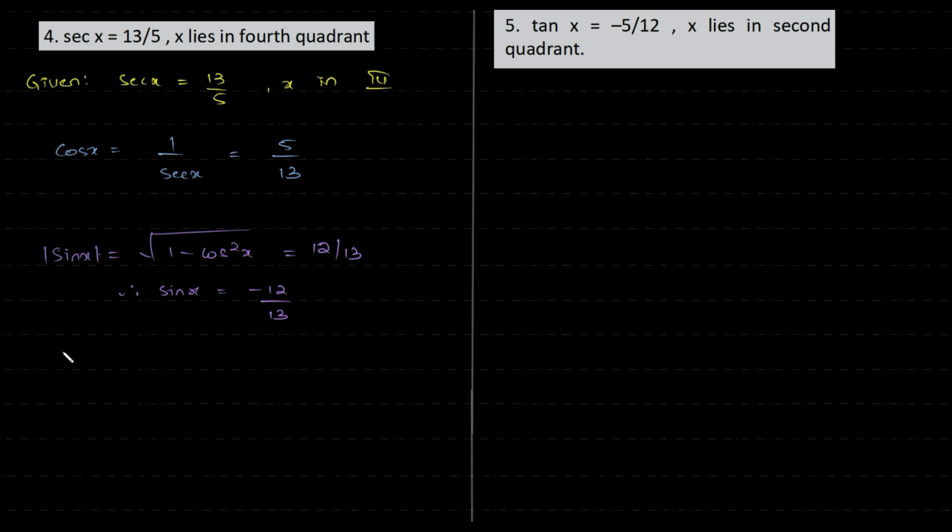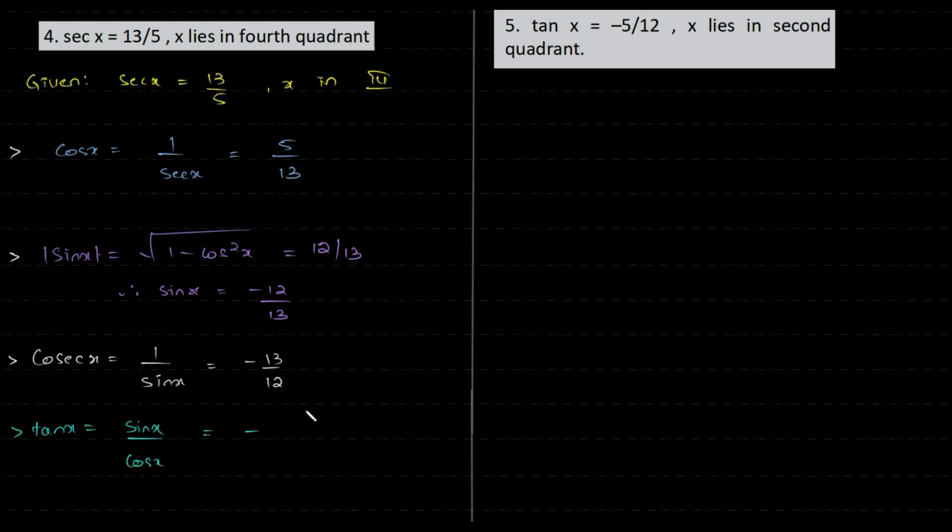And this is cosecant x, which is 1 by sin x. So this will be minus 13 by 12, and then we have tan x, which is sin x by cos x.